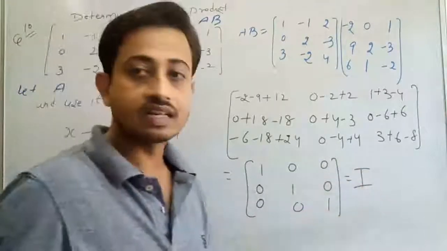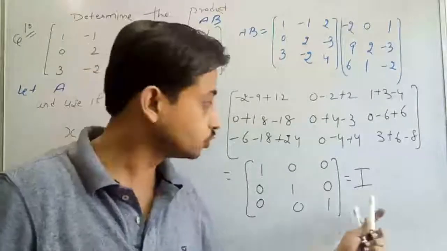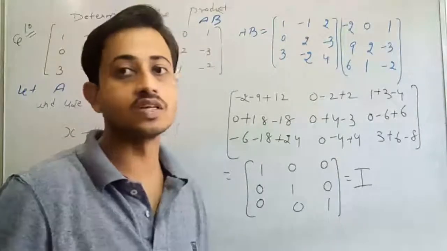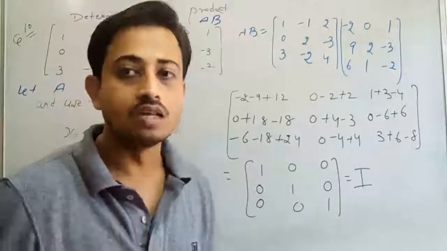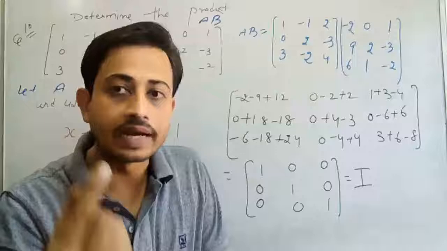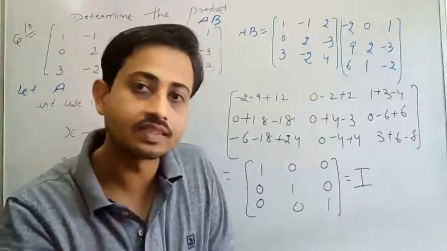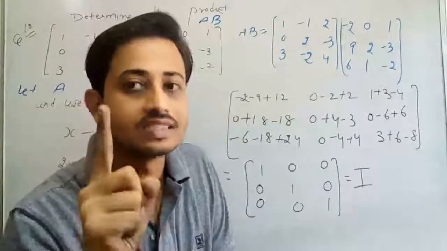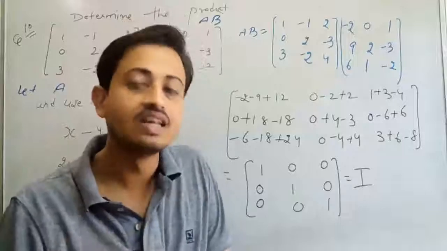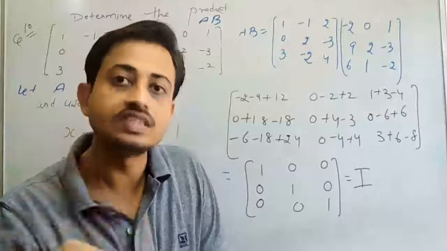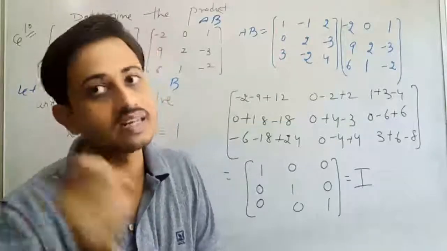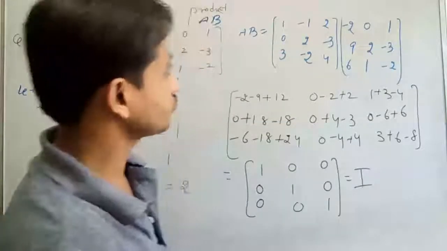Now we get the identity matrix and we have to use the property which is based on the identity matrix. What's the property? If we multiply a matrix with its inverse matrix, the result is always the same. Whenever you multiply a matrix with its inverse matrix, you get an identity matrix.